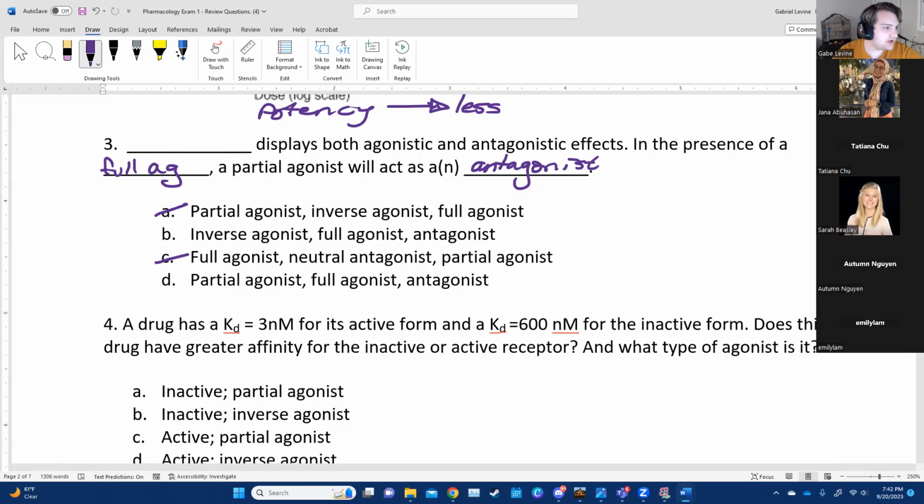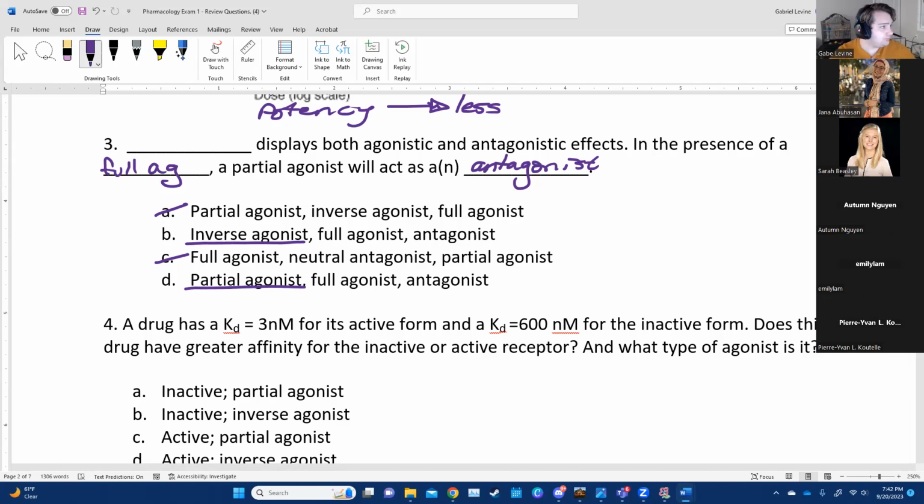And so now the question comes down to, is it inverse agonist that displays both properties, or is it a partial agonist that displays both properties? What do we think? Bug just landed on me.